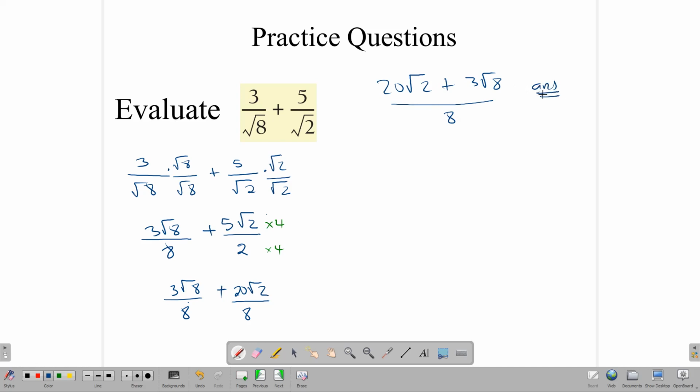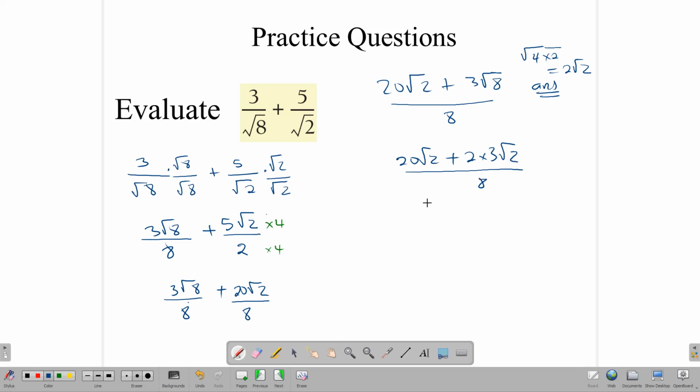Of course, this answer can be simplified in many ways. Root 8 here can be written as root 4 times 2, which gives us 2 root 2. And we can rewrite that as 20 root 2 plus 2 times 3 over 8.